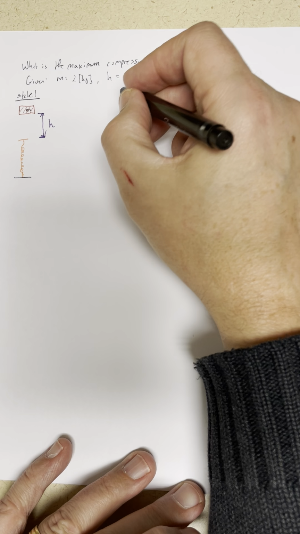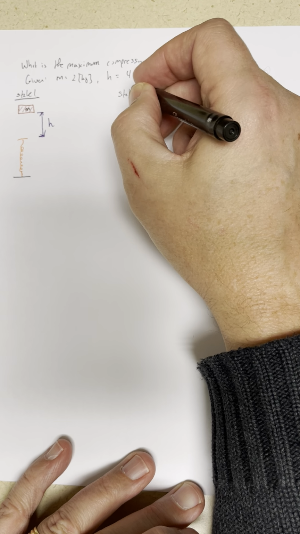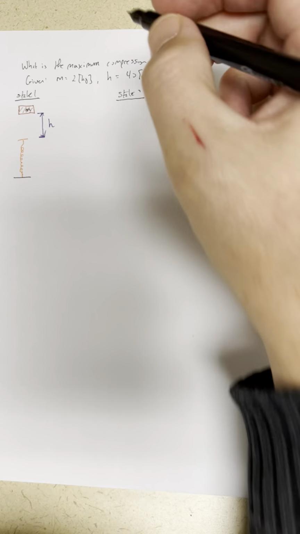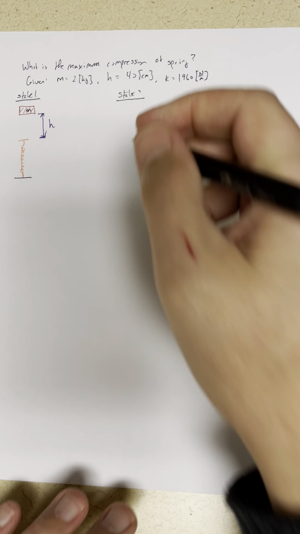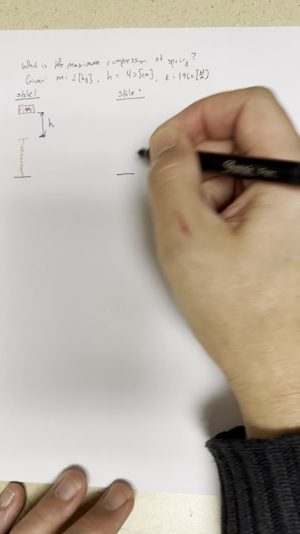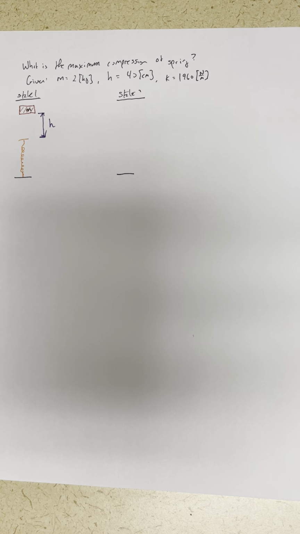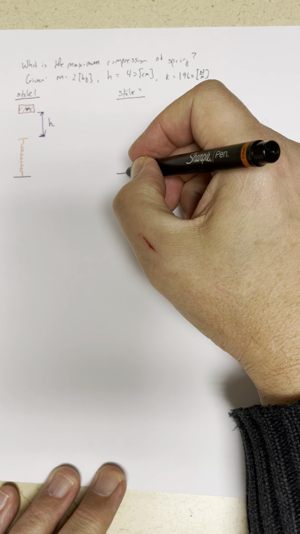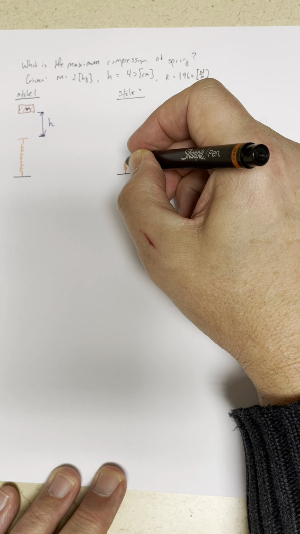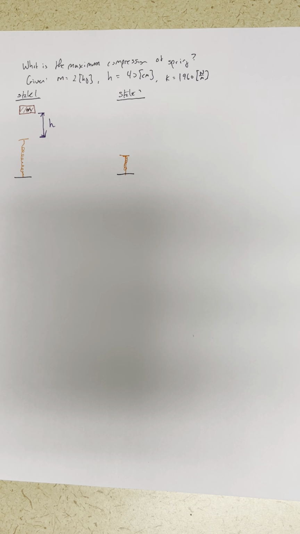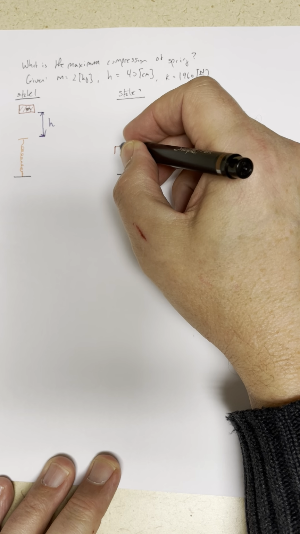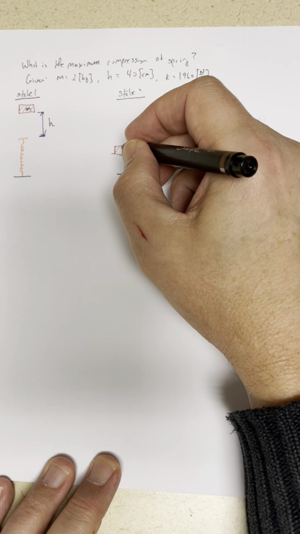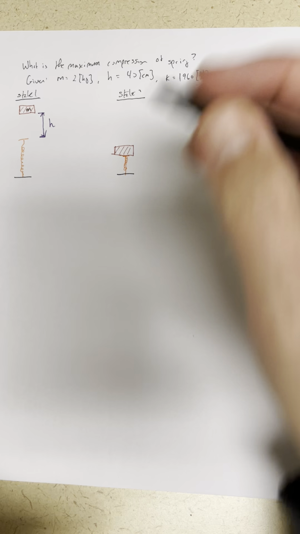In state 2, imagine a situation where the block has compressed the spring and has just come to rest for an instant. Now, there's our compressed spring, and there's our mass at rest.